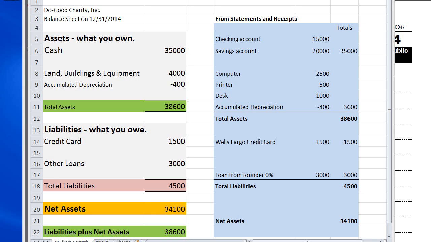Now, if the officer or director or someone else donated the computer to the charity or the printer or the desk or what have you, then that office equipment would become the property of the charity and would have to be used for charitable purposes only. And then in that case, it would go on the balance sheet. Okay, so just remember, you can't put something on the balance sheet unless the charity actually has ownership of that.